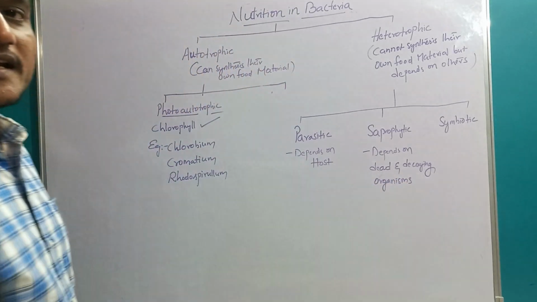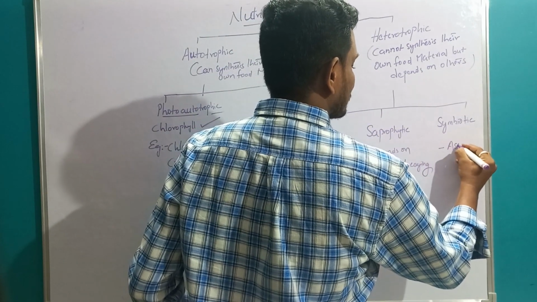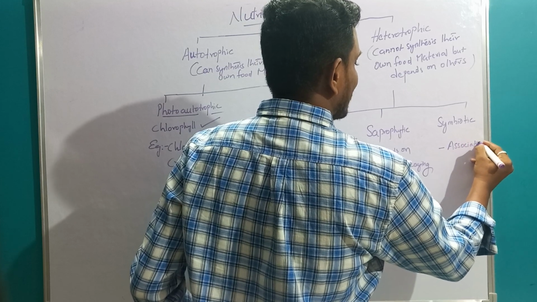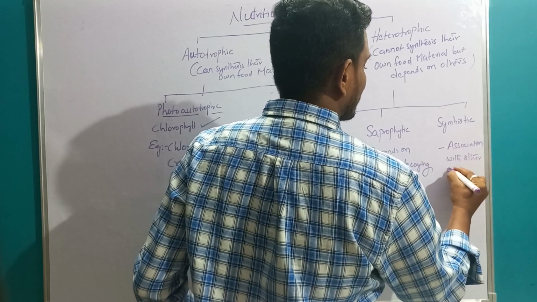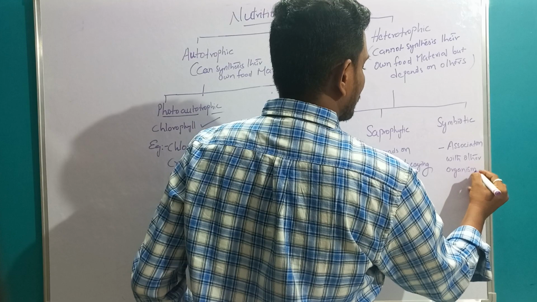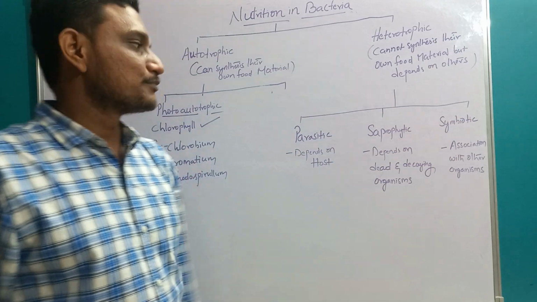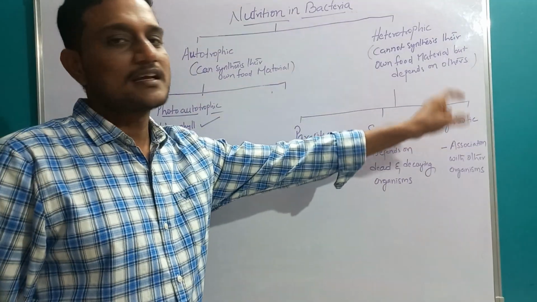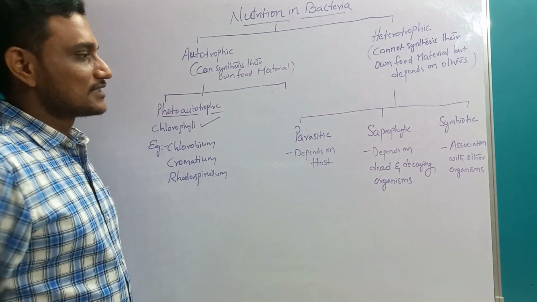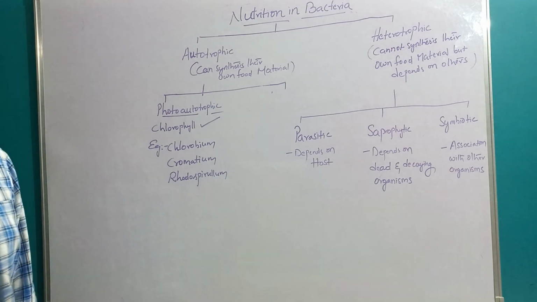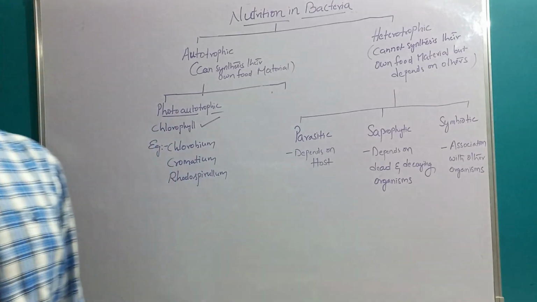Bacteria that show association with other organisms are called symbiotic. Parasitic means bacteria that depend upon a host, saprophytic means they depend upon dead and decaying organisms, and symbiotic means they show association with other organisms.